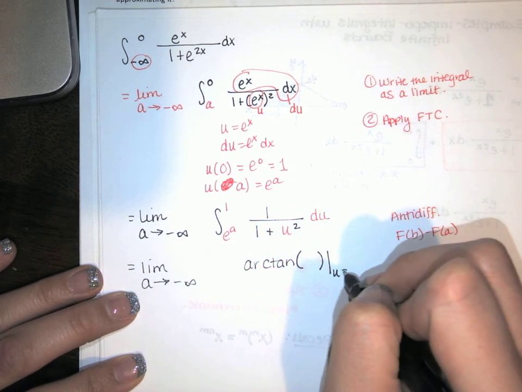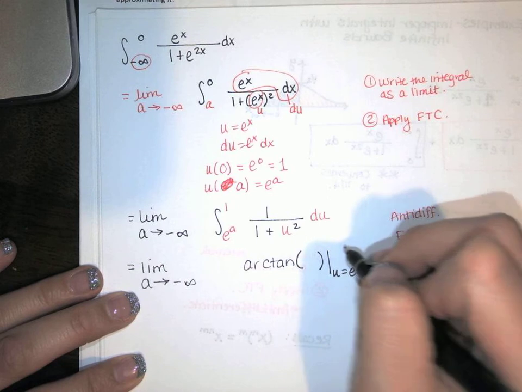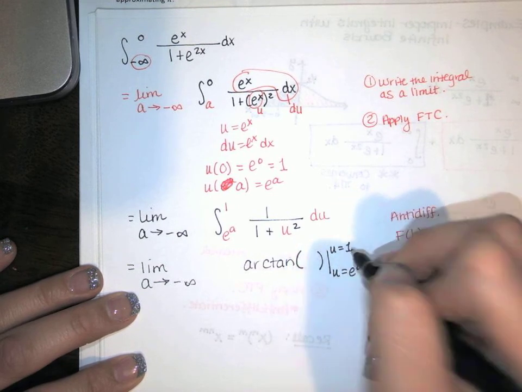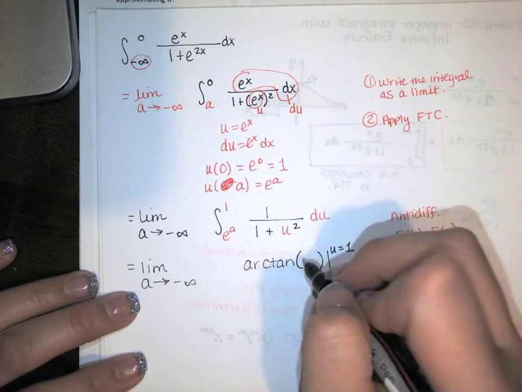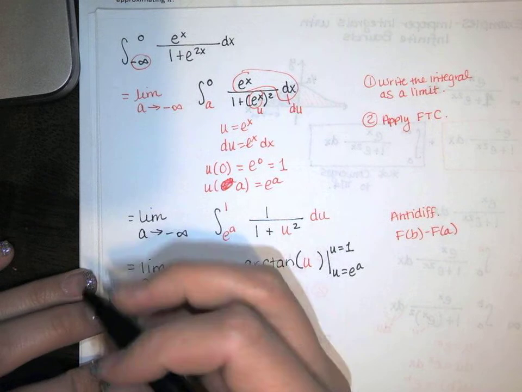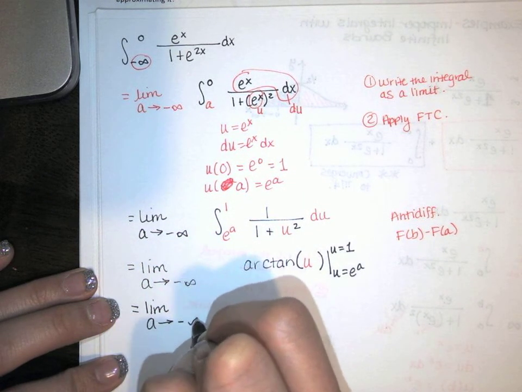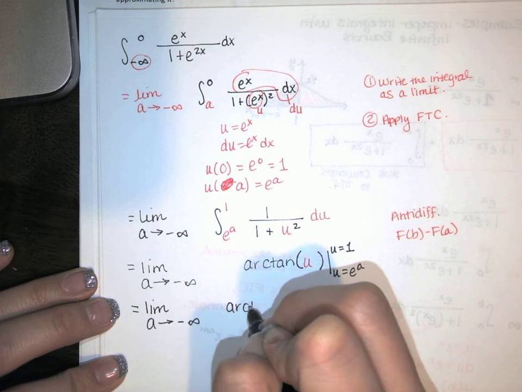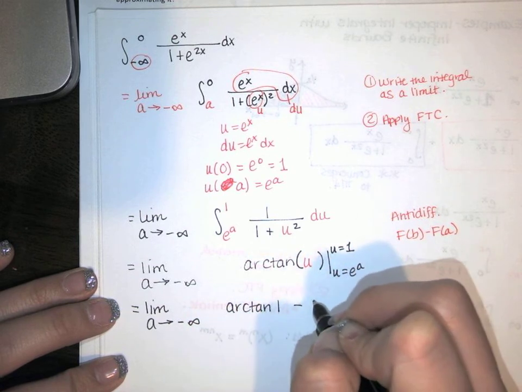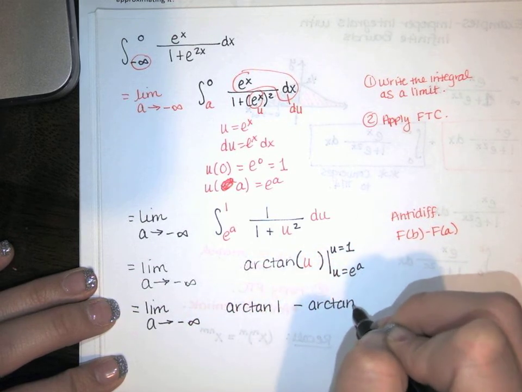We're going to evaluate from u equals e to the a to u equals 1. So we've got arctan of 1 minus arctan of e to the a.